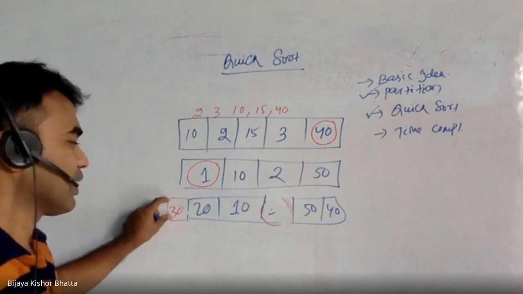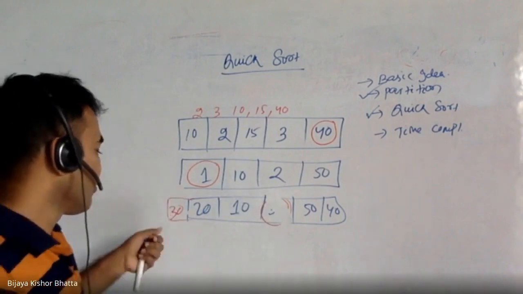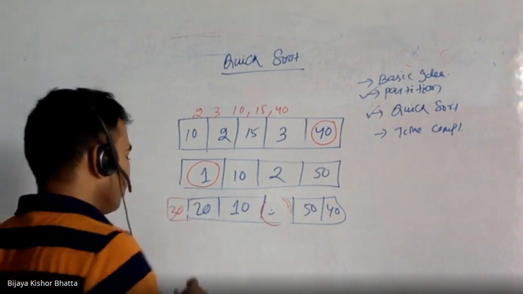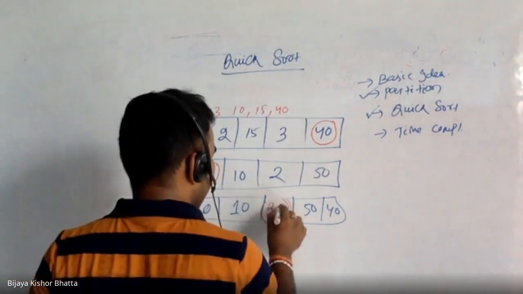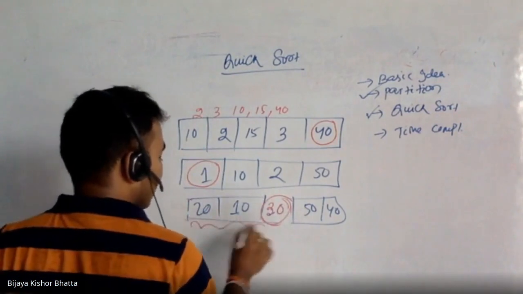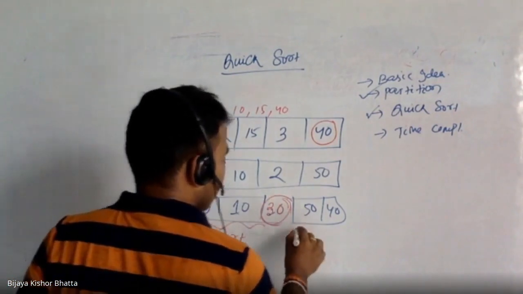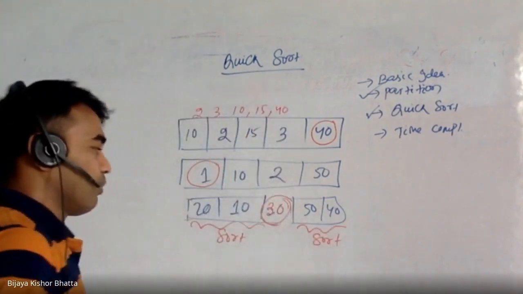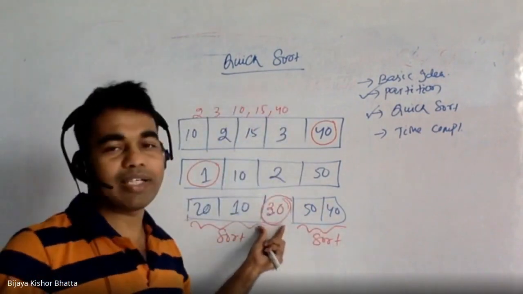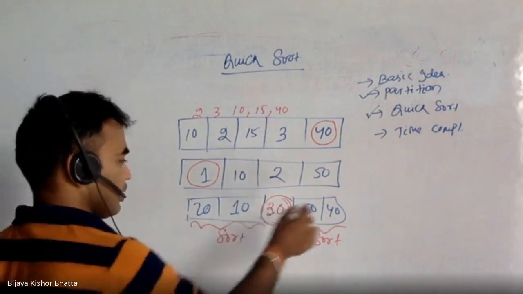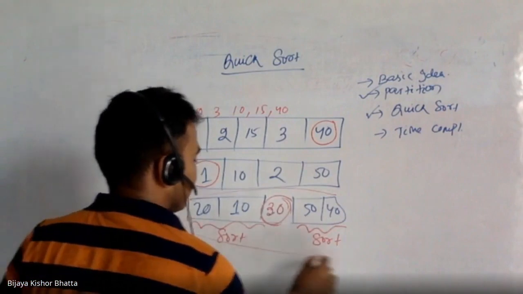If I ask you to find the appropriate position of 30, you will find it, and the final position is here. That means some sorting mechanism may be needed on the left-hand side and on the right-hand side, but this particular 30 is already in sorted form. This kind of scenario is known as partitioning.